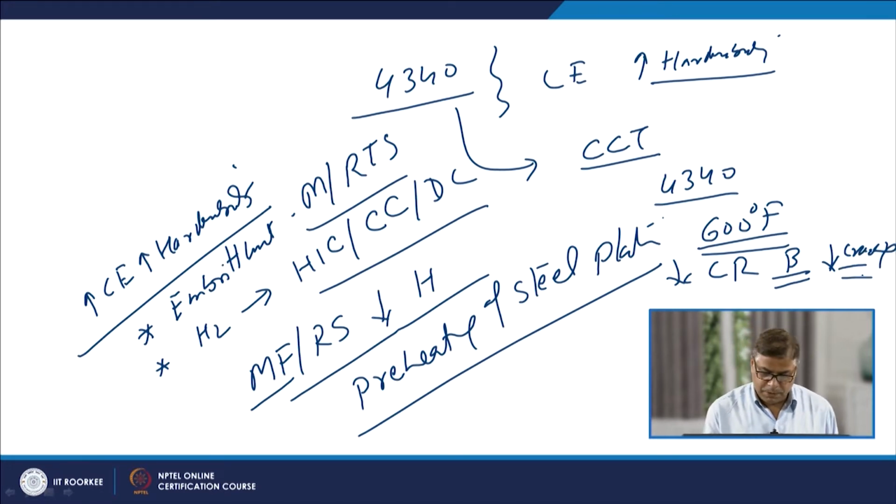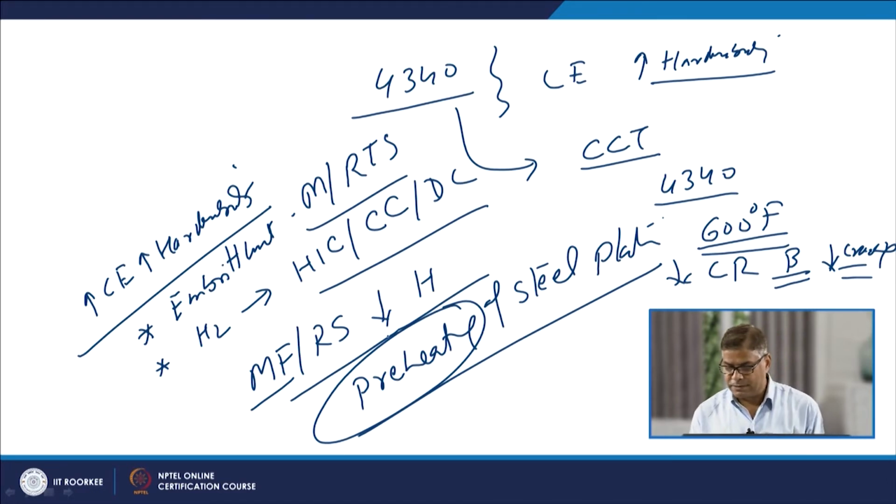The primary goal here is the formation of softer phases, so that unnecessary embrittlement can be reduced, and some time can be given for the escape of hydrogen, so that the hydrogen content in the weld as well as the HAZ can be reduced, and the adverse effects in the form of weld cracks or cold cracks in the weld as well as the heat affected zone can be reduced.